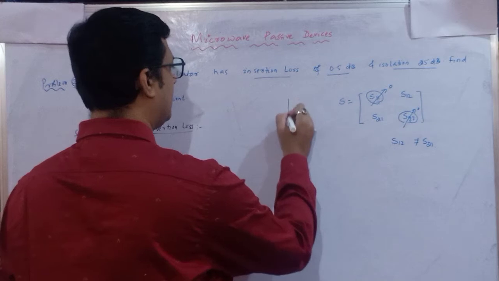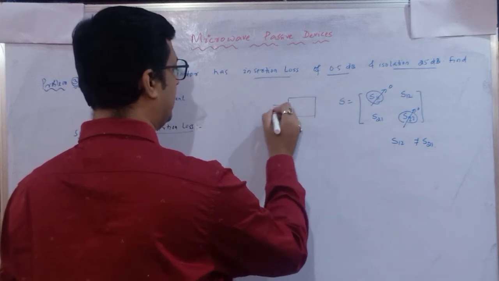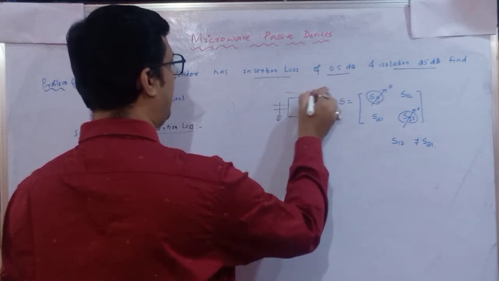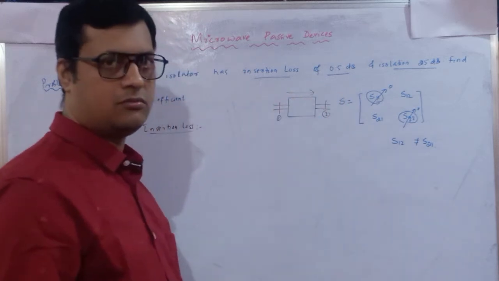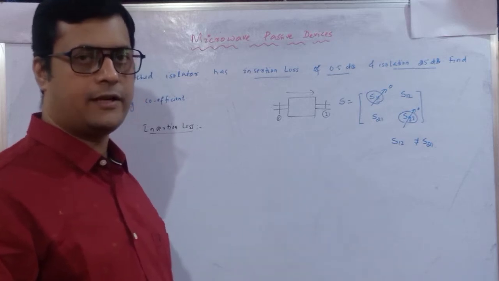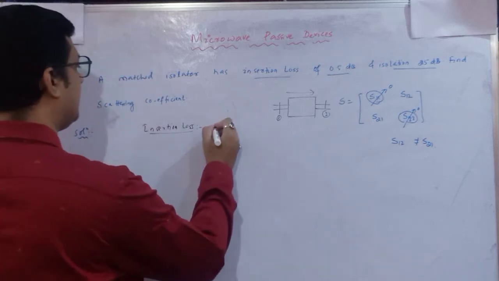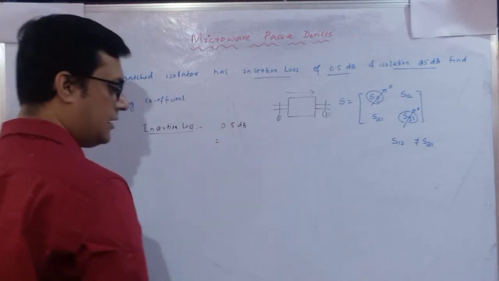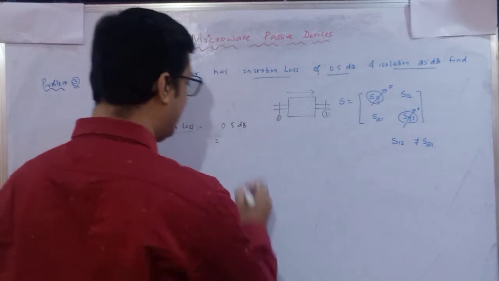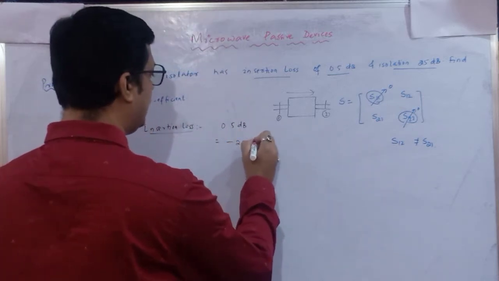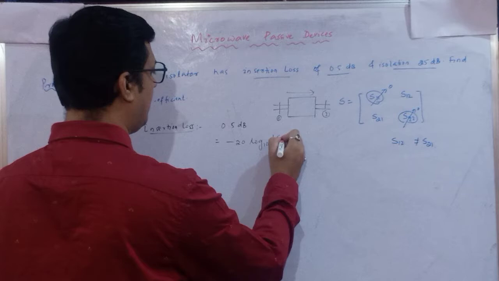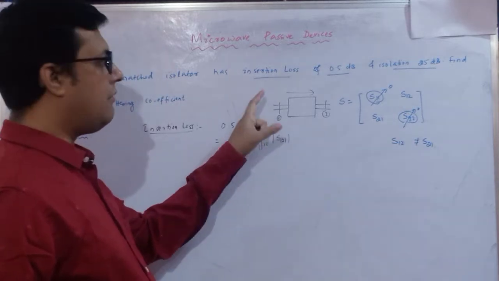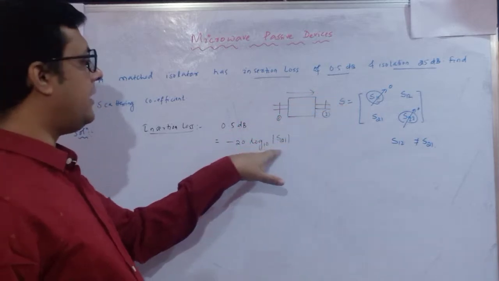It is a two-port network. This is port 1 and this is port 2, and power is flowing from 1 to 2. So insertion loss is 0.5 dB, given to us. Insertion loss will be minus 20 log base 10 mod of S21, because power is flowing from 1 to 2.